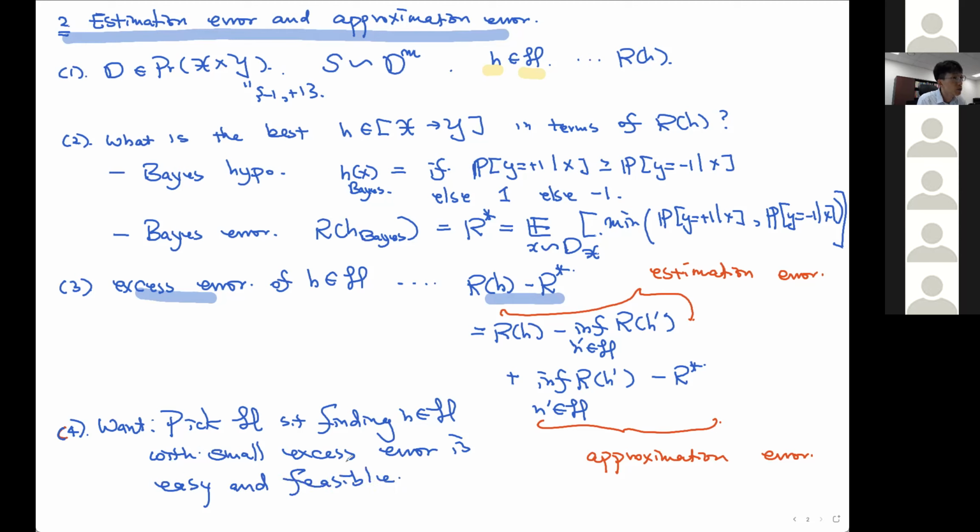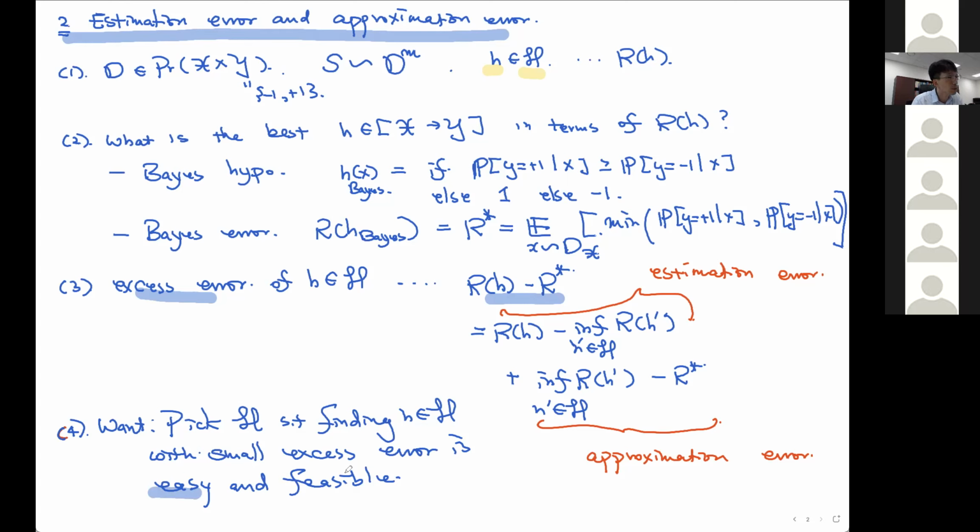What I mean by easy is that from samples we can't really access this risk directly. So we have to find an h based on the sample. Based on the sample, we should be able to find some good h.